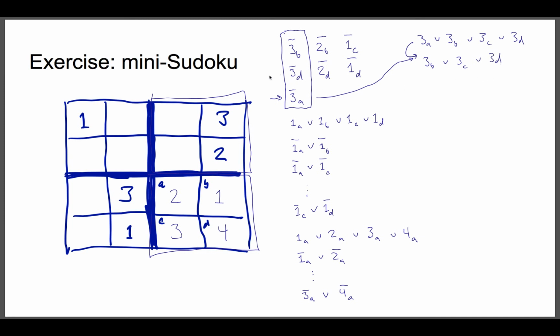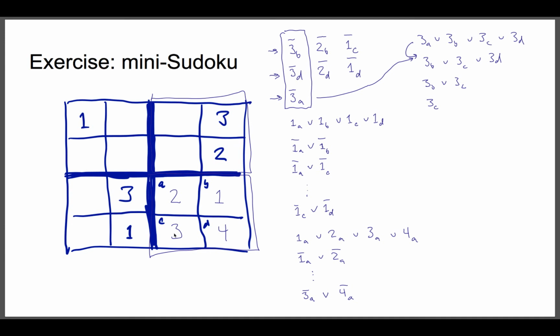Similarly, from this guy we can get rid of 3D and get 3B or 3C, and from this guy we can get just 3C. And now we're done showing that 3 has to be in space C.